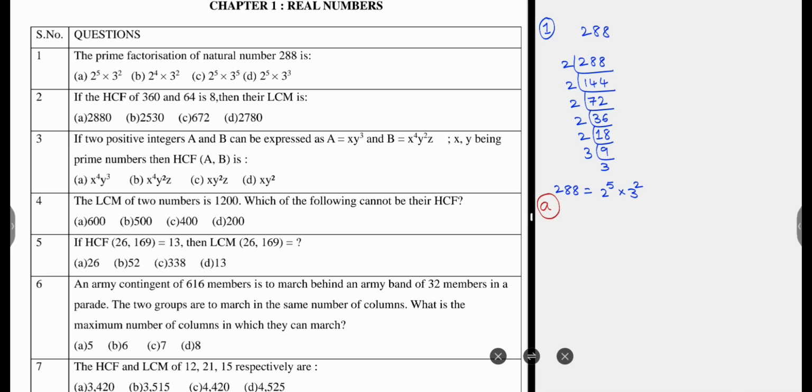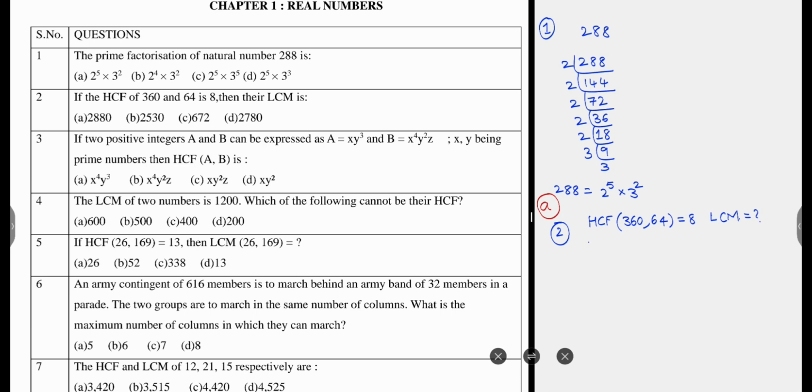Next, second question. It is given that HCF of 360 comma 64 is 8, we have to find the LCM.